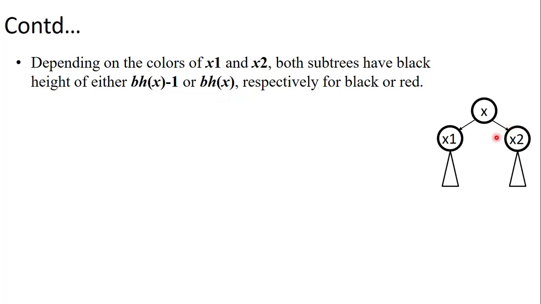Let us consider another case where we assume x2 to be black. Since it contributes to the black height of its parent, the subtree rooted at x2 will have one black height less than its parent, equal to bh(x) minus 1.